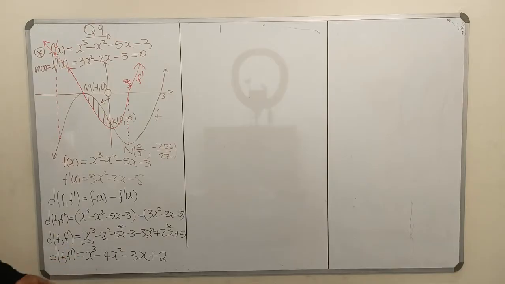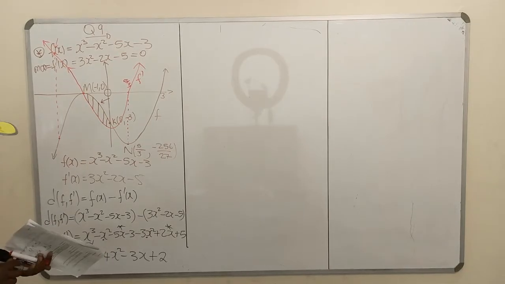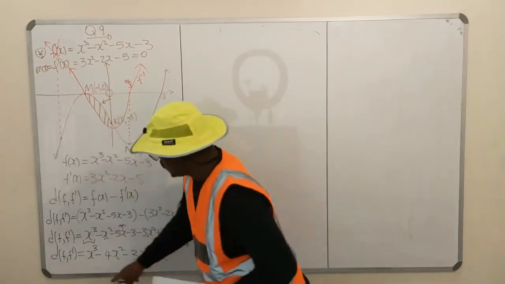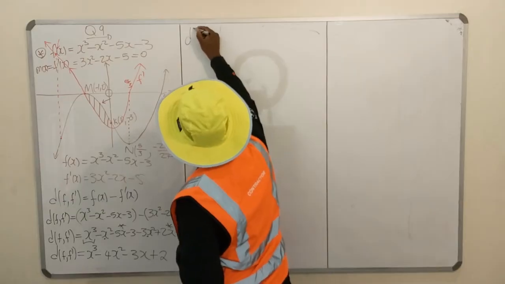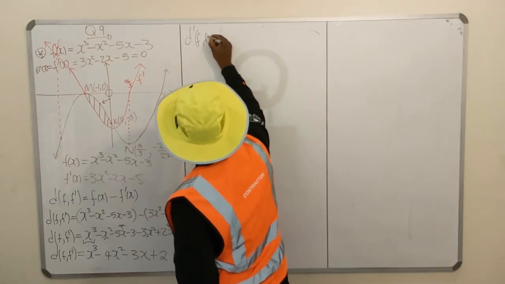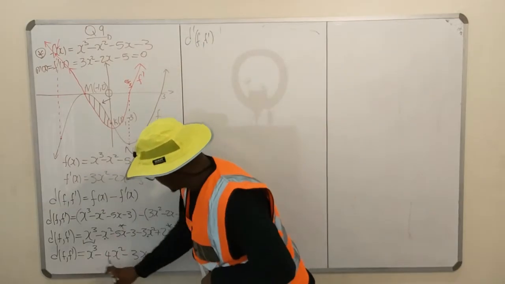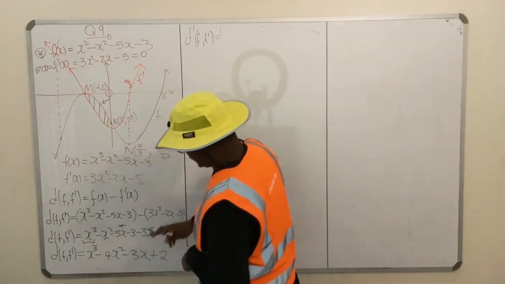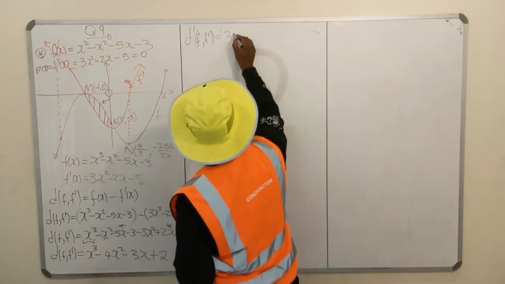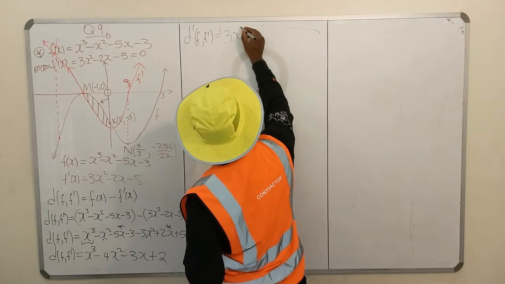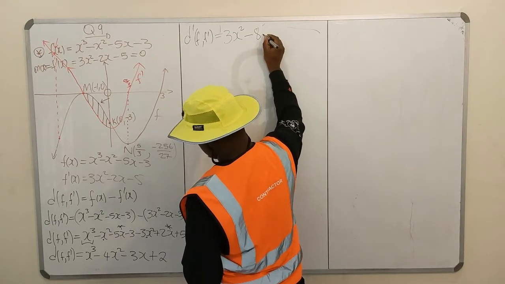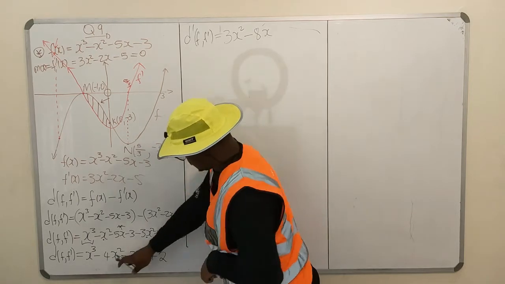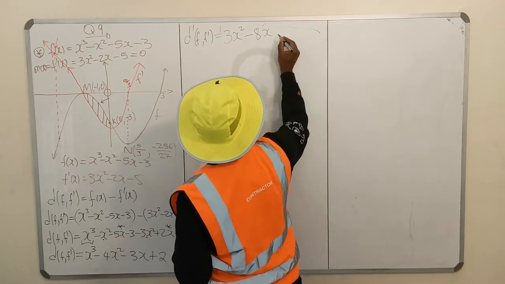But now we want to find the maximum distance, right? So what we're going to do, we'll derive our distance. So d prime of f and f prime, we're deriving this thing now, is equal to 3x squared minus 8x, derive that, minus 3.